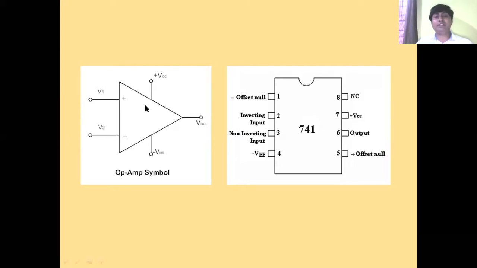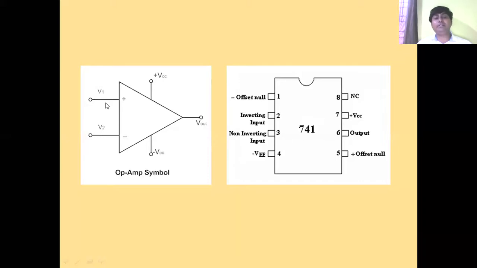If we are not mentioning them, then it is not a complete symbol. So once again I will repeat. This is the symbol of the operational amplifier, where we can see that this symbol should have two inputs and a single output. Similarly, it should have the biasing voltages plus VCC and minus VCC.